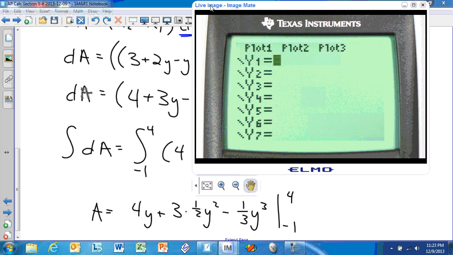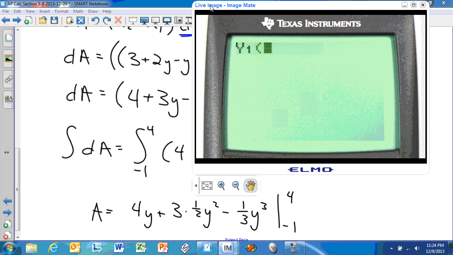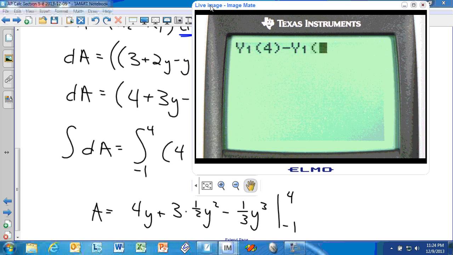I don't really need that right now, so I'm going to write this as 4x plus 3/2 x squared, and then minus 1/3 x cubed. All right, there is our antiderivative, and let's tell it to take y1 evaluated at our upper bound minus y1 evaluated at the lower bound of -1.